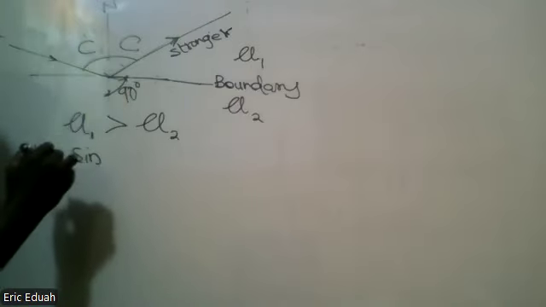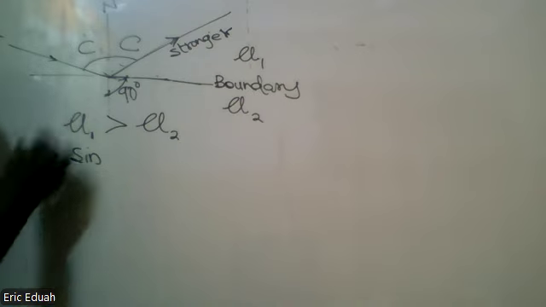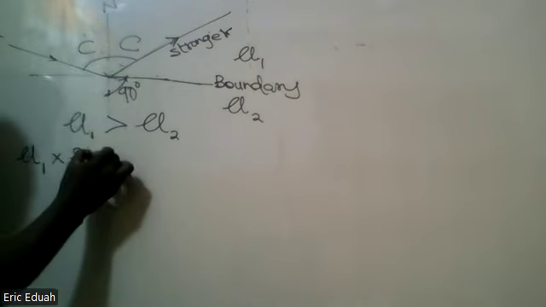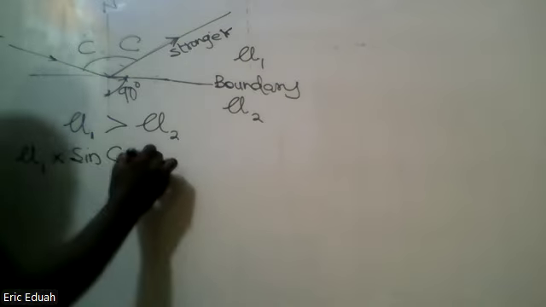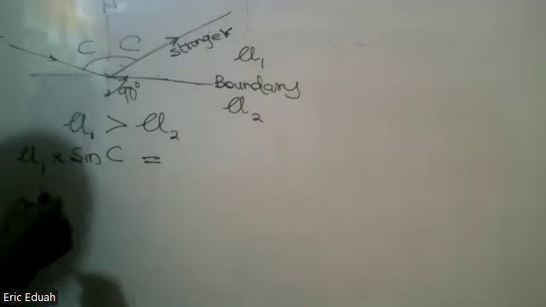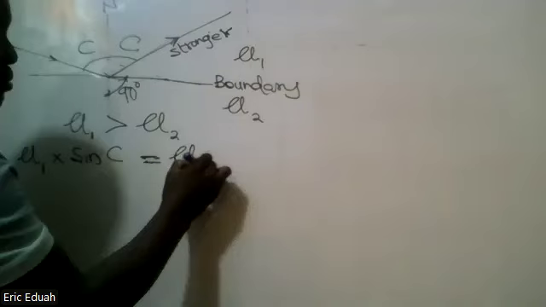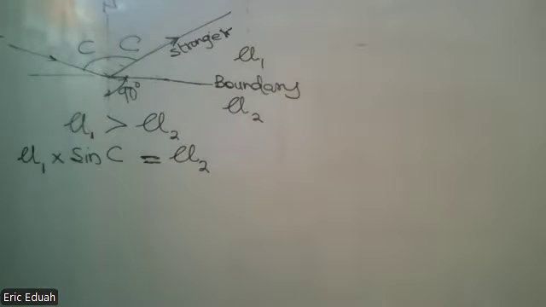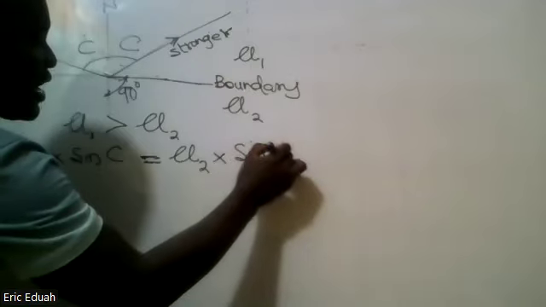C is the critical angle. That's the product of the refractive index of the first one and the sine of the angle of incidence, which is sine C, must be equal to the refractive index of the second medium, mu2, times the sine of the angle of refraction.